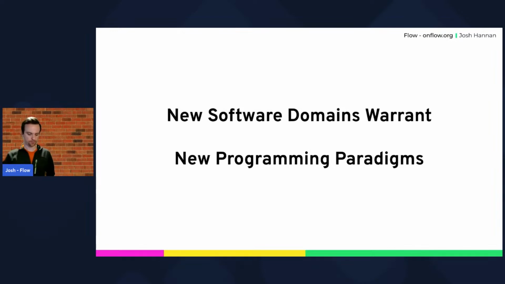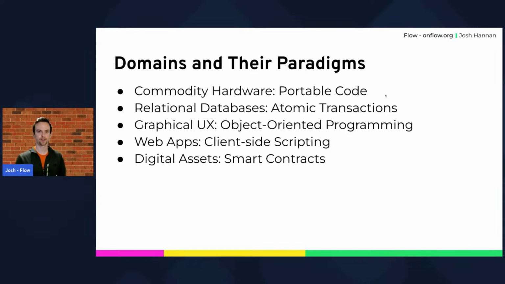So I want to start from a high level, to just remind everyone that in the course of the history of technology, every time there's a new software domain, a new evolution in technology, there is almost always a new programming paradigm that emerges for that software domain.